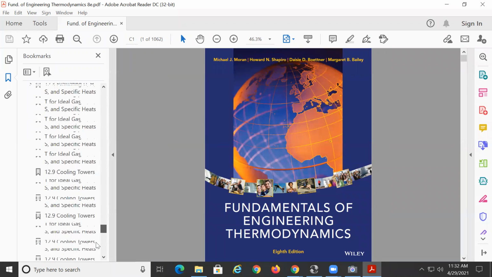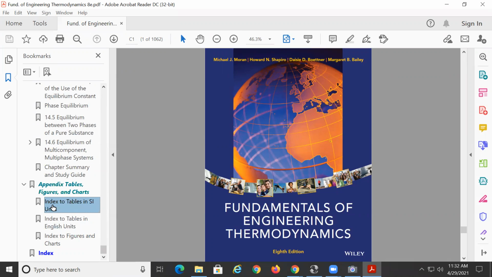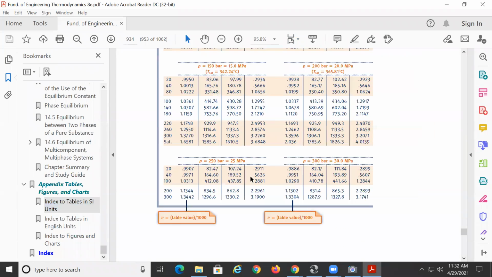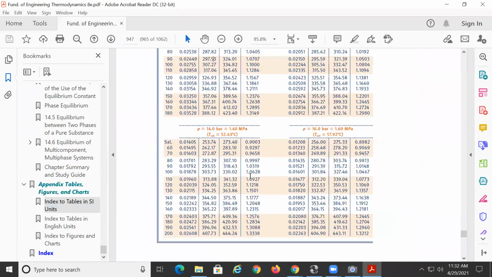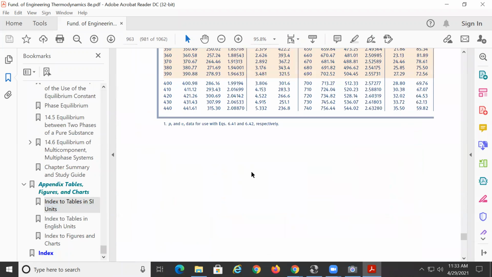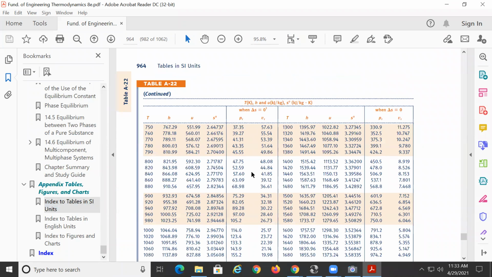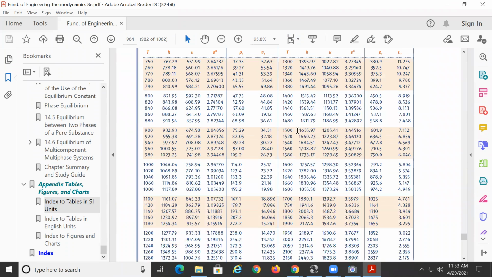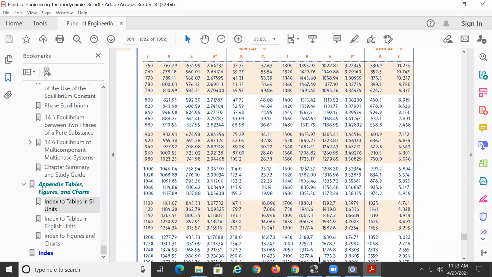All right, let's go to the book. Okay, so that's table A22. We go to 2100. So we need the second value and this one on the column. So 2100 is right here. So 2100, we have H equal to 2377.4.